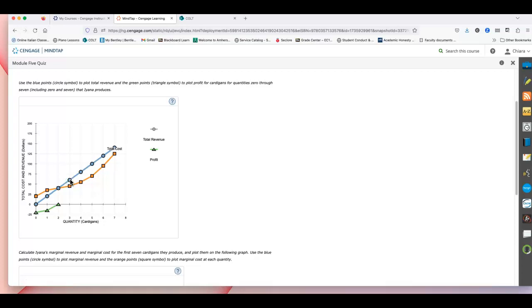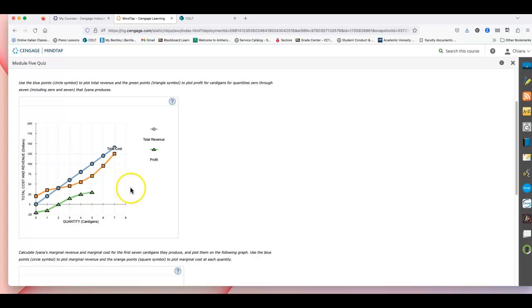So 60 minus 45 is 15. Again here, 55 and 80. So 80 minus 55 is going to be 25. So 4 and 25. And then my total revenue is 100 minus my total cost of 70. That's 30. So the quantity of 5, I'm going to put this on 30.